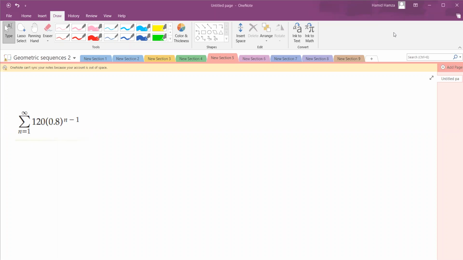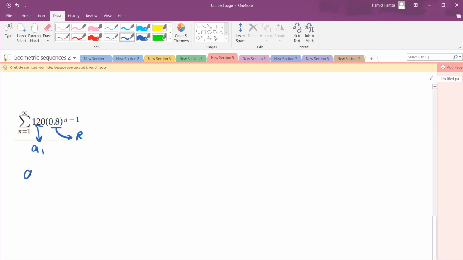As you know, with the sigma notation, we write the explicit formula of the geometric sequence. This part represents the common ratio, so this is R, and this number represents the first term A1 of the sequence. Because we start at n equals 1, the first term of the sequence and the series are the same.